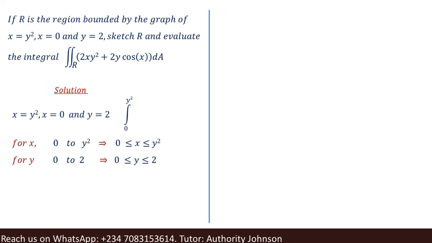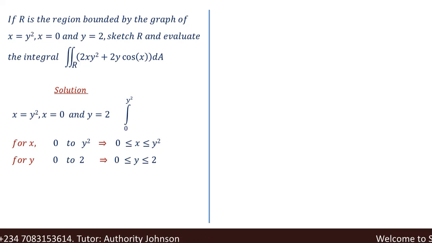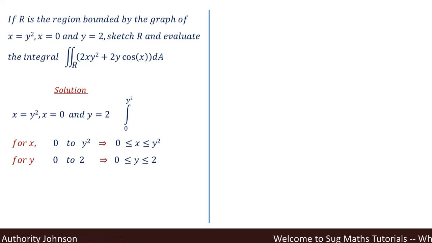X starts from 0 to y squared. Now, if you want to put it into inequality relation, we will say that x is in between 0 and y squared, and y is in between 0 and 2, meaning x is greater than or equal to 0 but less than or equal to y squared, and y is greater than or equal to 0 but less than or equal to 2.